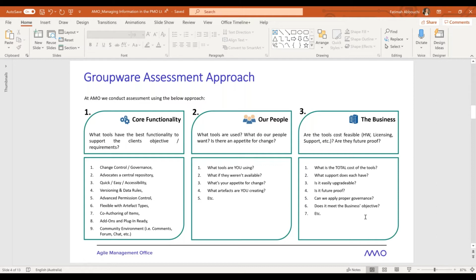You'll see there's quite a lot of questions that come up underneath this umbrella, but realistically we use the same approach for our small business, and we are a very small business.